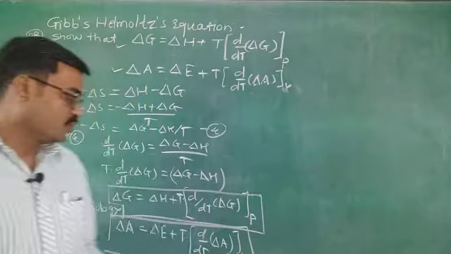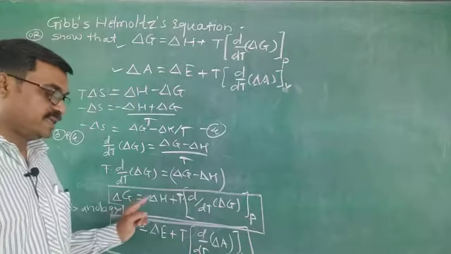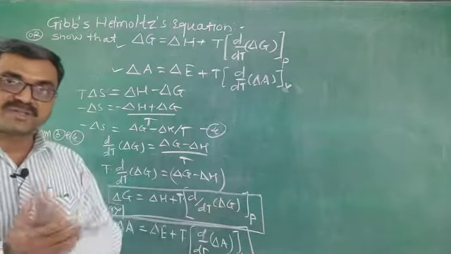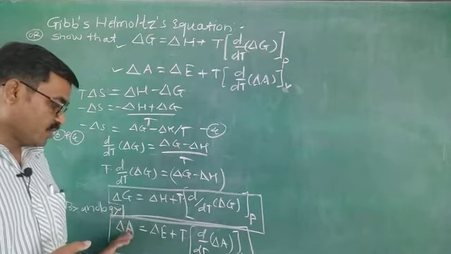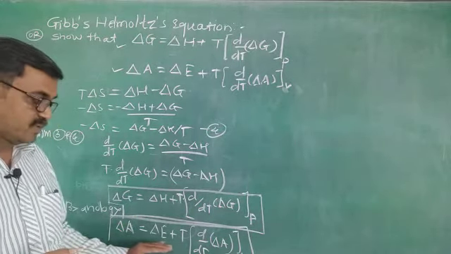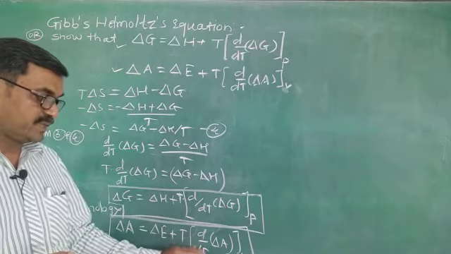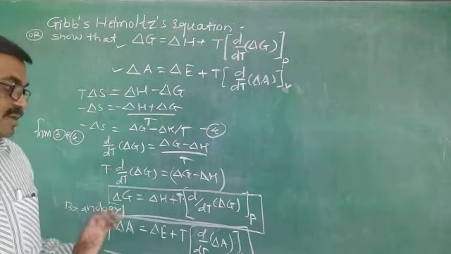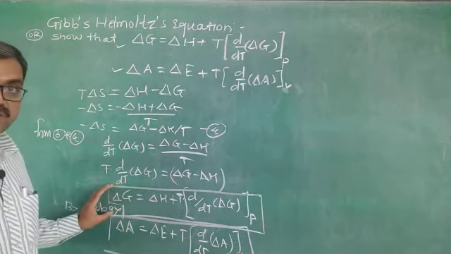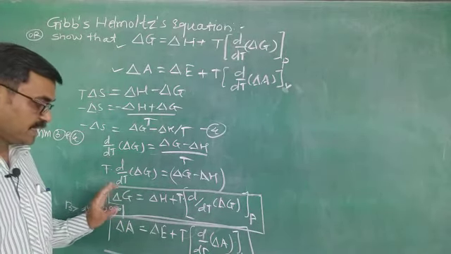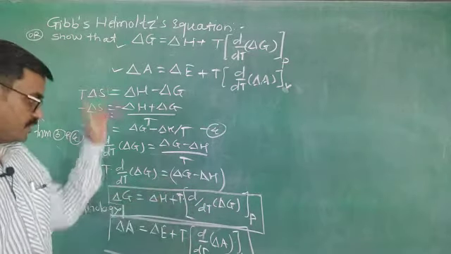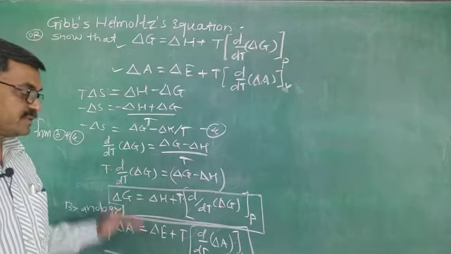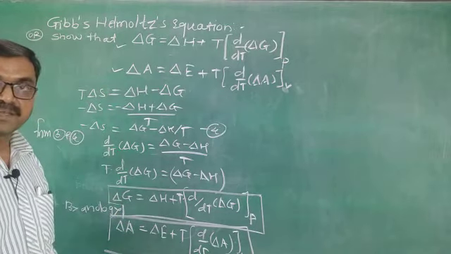Then you have to show delta G equals delta H plus T into d/dT of delta G at constant pressure, and by analogy you have to write delta A equals delta E plus T into d/dT of delta A at constant volume. Or the question may ask only for delta G, then you have to write up to this. If it asks for both, then you have to write the whole thing from the start.